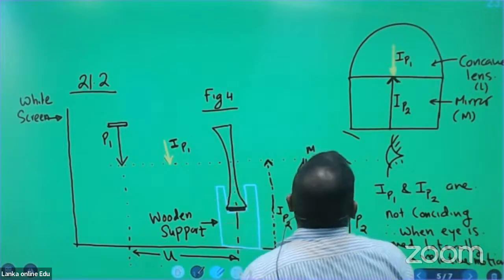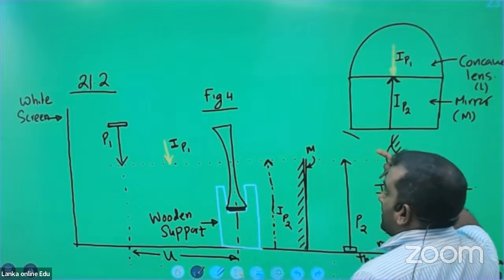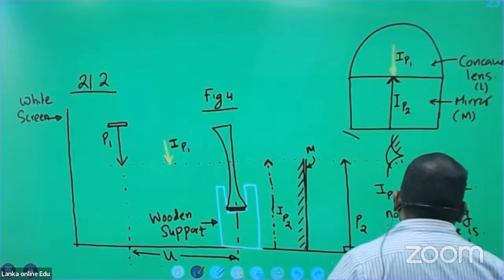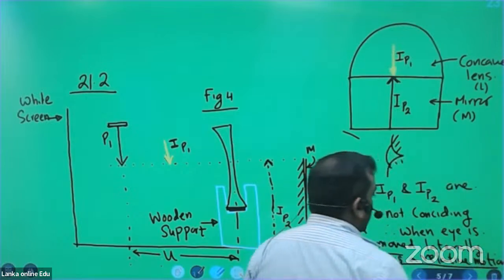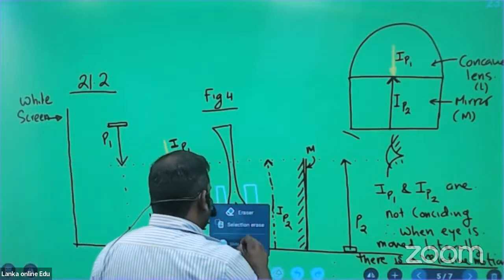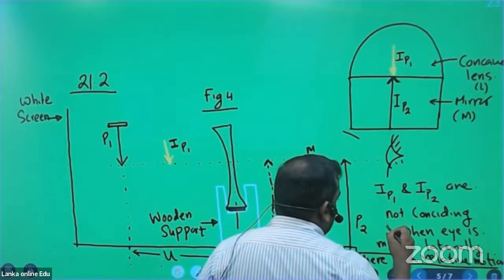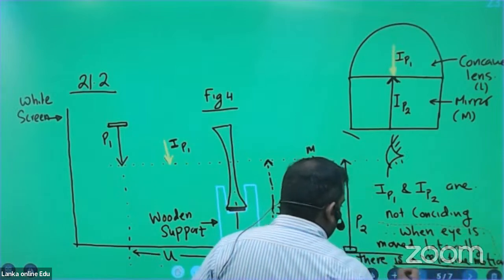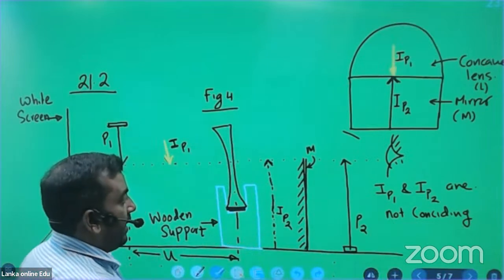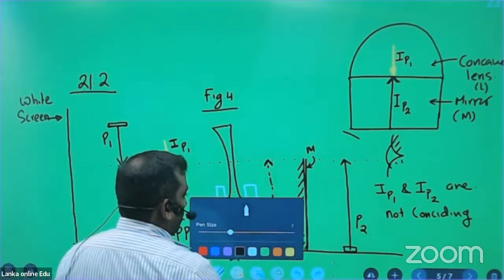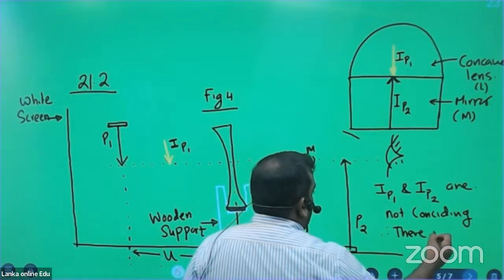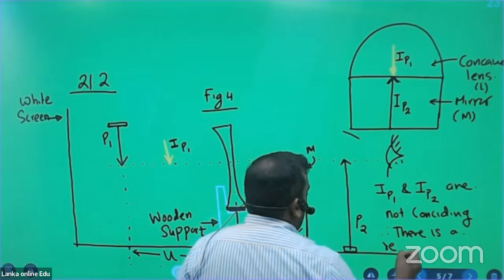So when you move the eye in the lateral direction, in and out of the paper, there will be a relative motion, because IP1, IP2 are not coinciding. Short form we can write.